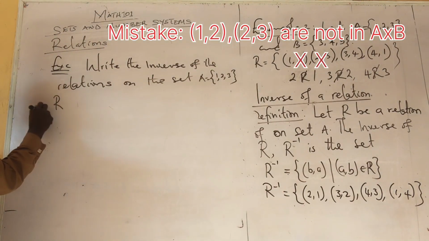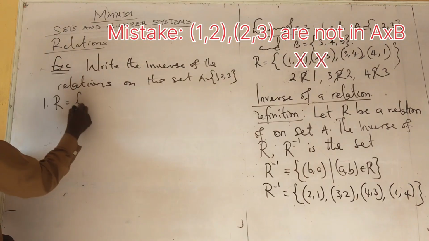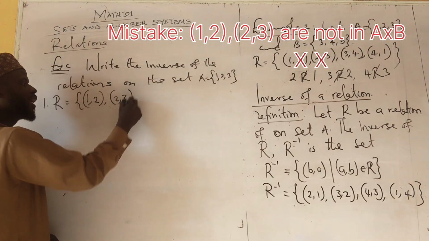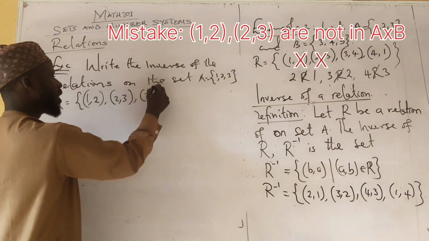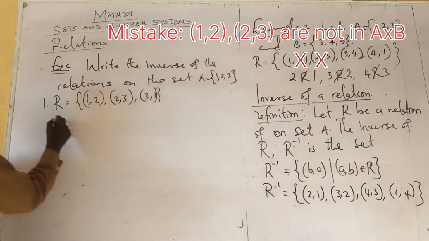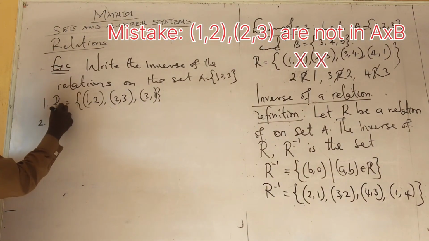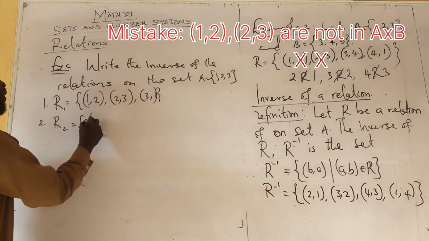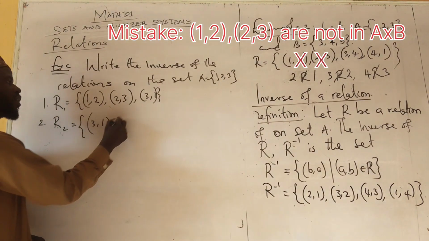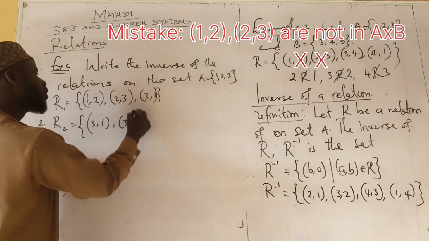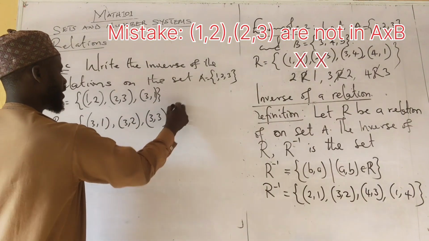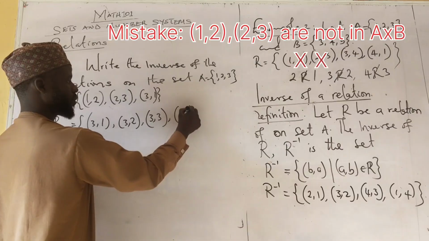So R1 is equal to (1, 2), (2, 3), and then (3, 1). R2 is equal to (3, 1), (3, 2), (3, 3), and then (1, 1).